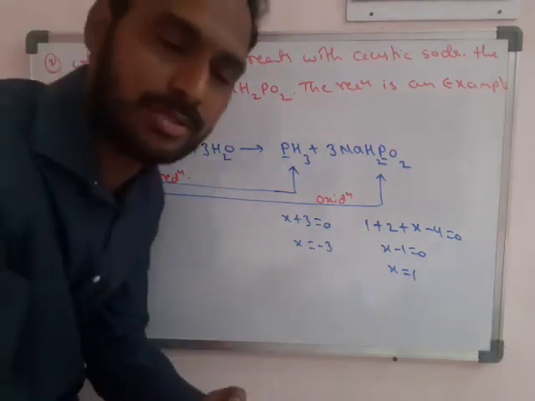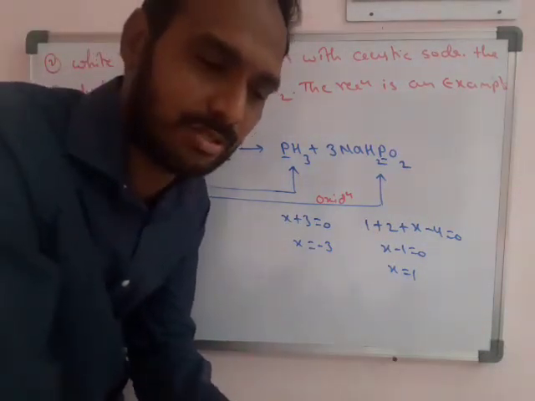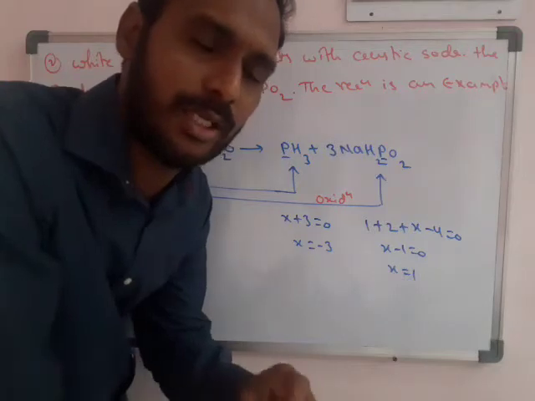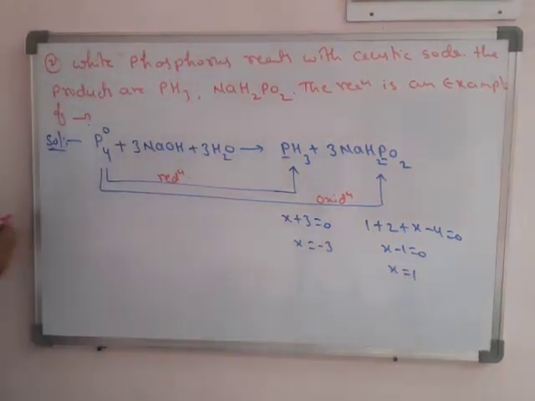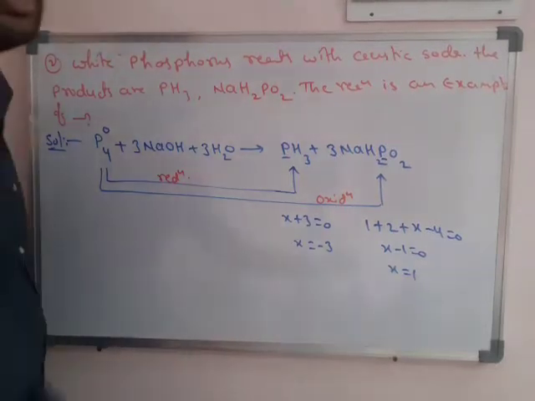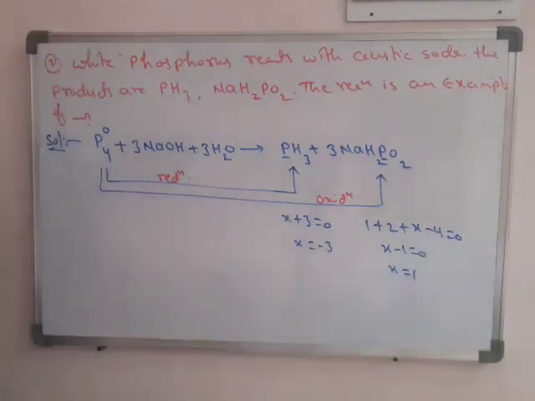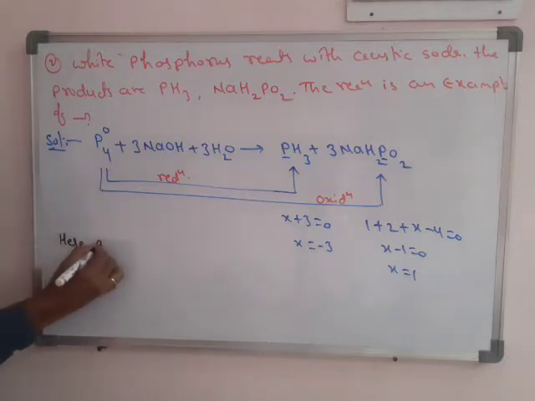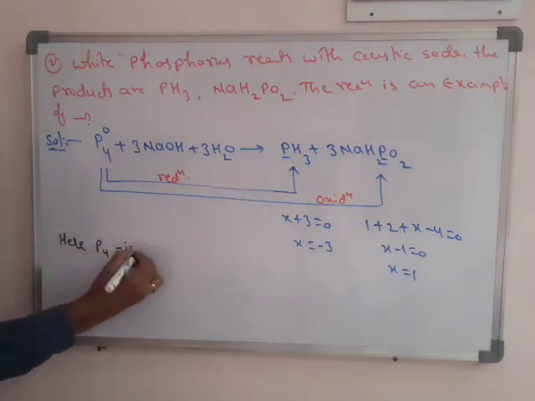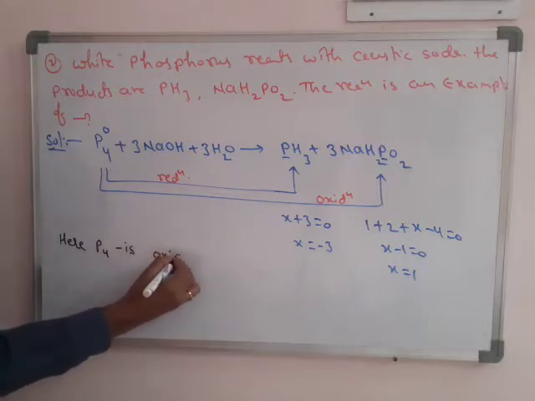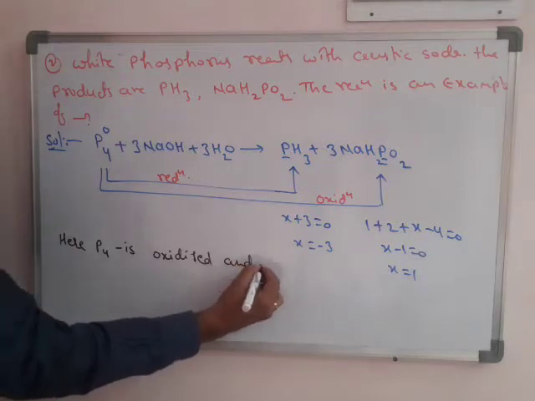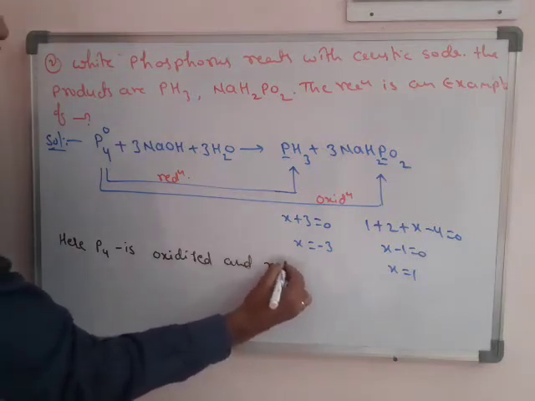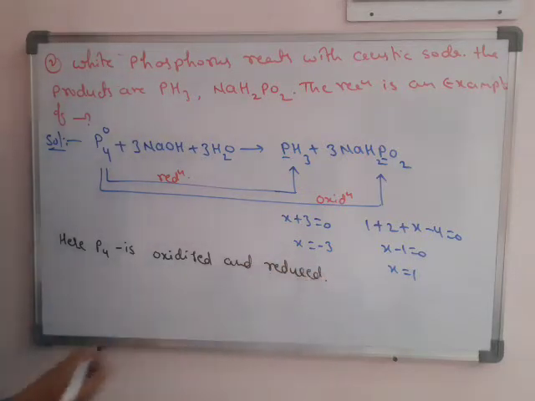So both reactions take place. It is a redox reaction in which only one element undergoes oxidation and reduction. Therefore this reaction is an example of one where P4 is oxidized and reduced.